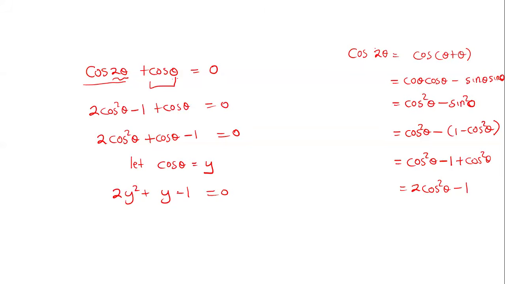For this case, allow me to just put the answer: here your y is going to be a half, and the other y is going to be negative 1. Then after that, don't forget to bring it back here and say that cos theta is equal to a half. Then you find the angles. Cos theta is equal to negative 1, find the angles, and then you go back to the conditions.